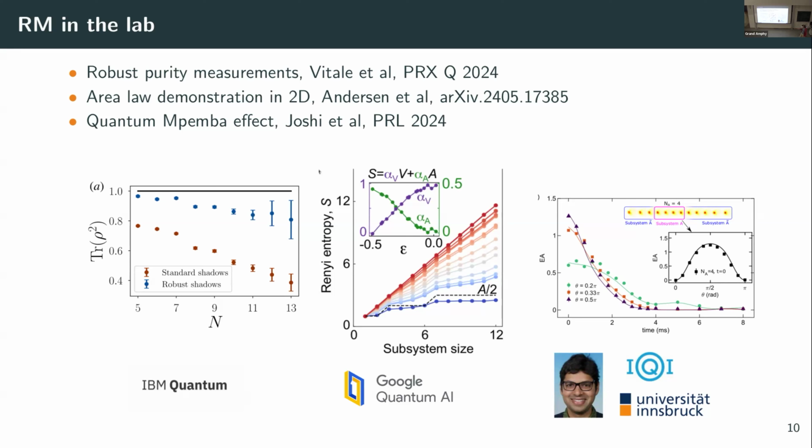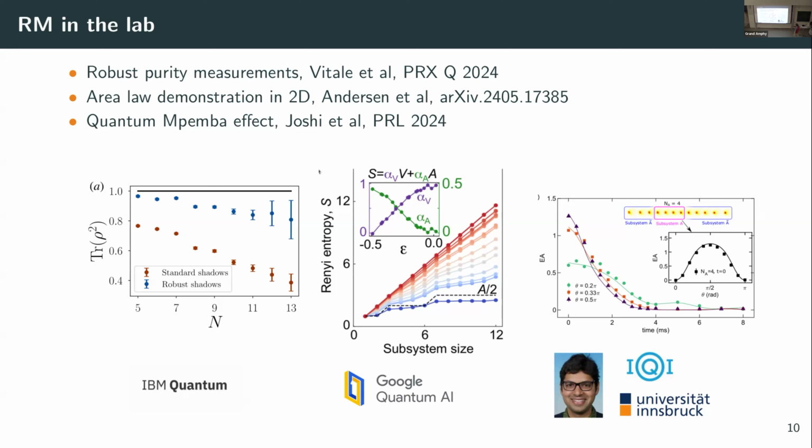This was 1D. Another collaboration now with Google. You can now try to study entanglement scaling, as I was telling you, in quantum phases of matter. In this example, the Google team was able to demonstrate the presence of an area law in 2D for the ground state of their hardcore boson system.